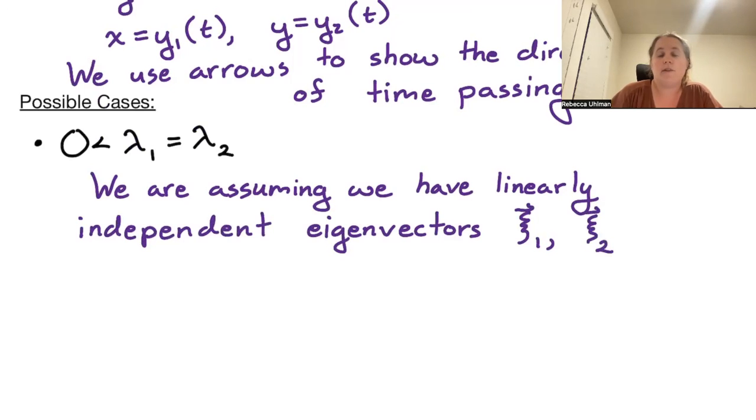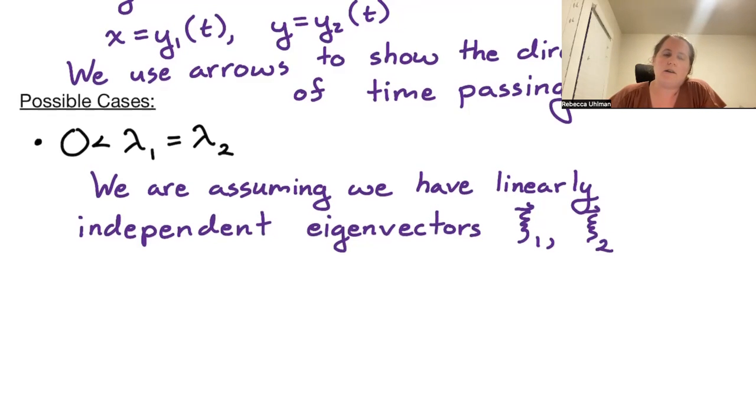We will deal with the other case where we do not have linearly independent eigenvectors in a future section. In 10.4, we're sticking with these linearly independent eigenvectors.